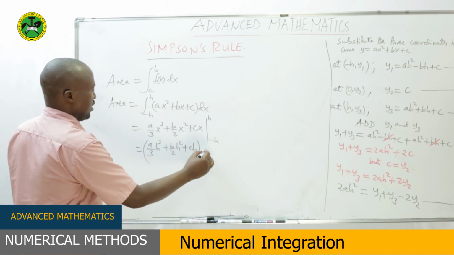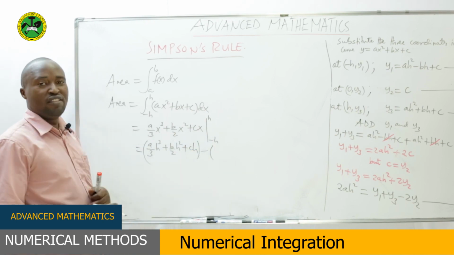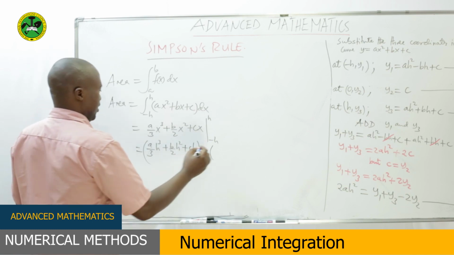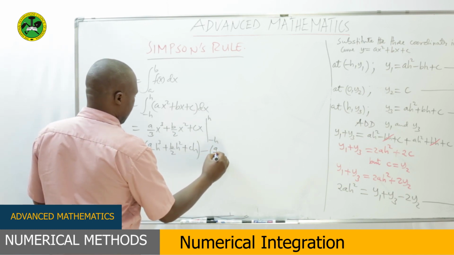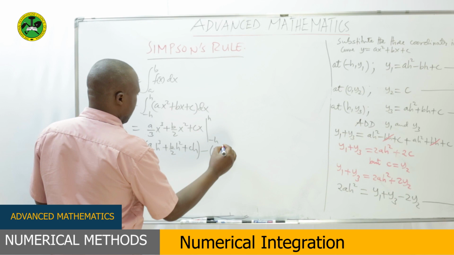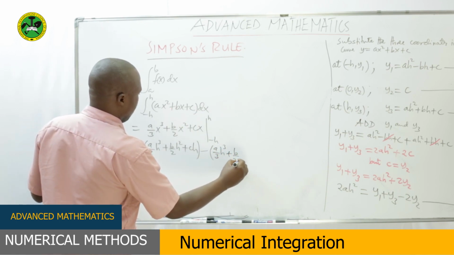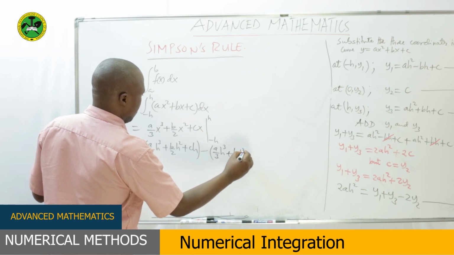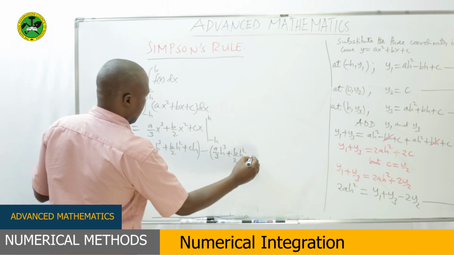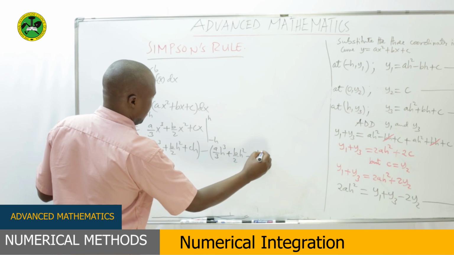So this one minus, now substituting the lower limit, that is a over 3 h cubed, now this time it will be plus b over 2, again h squared, minus ch.